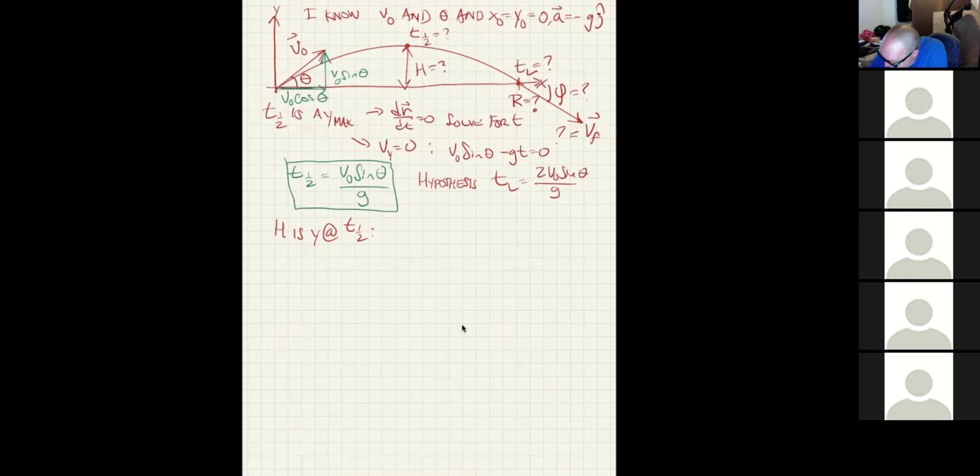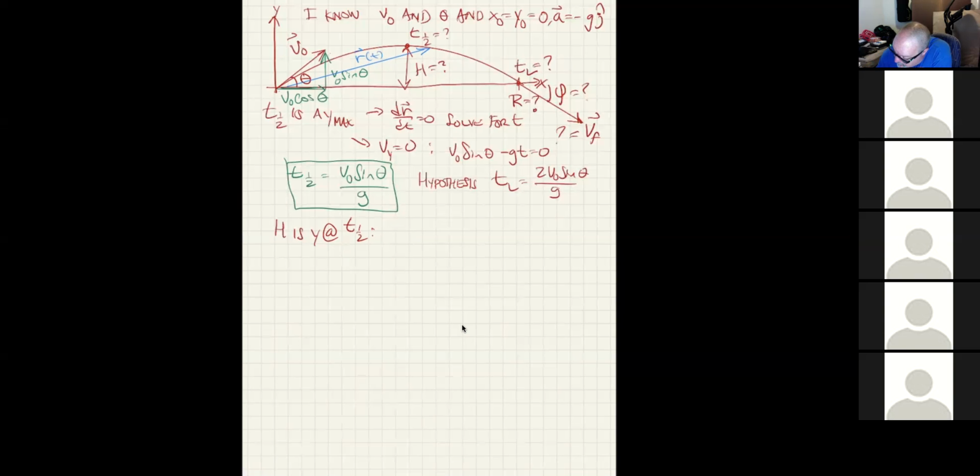Because at any point in time, this is r of t. So if I set the y component of that to h and put in the t 1/2, I should get h.